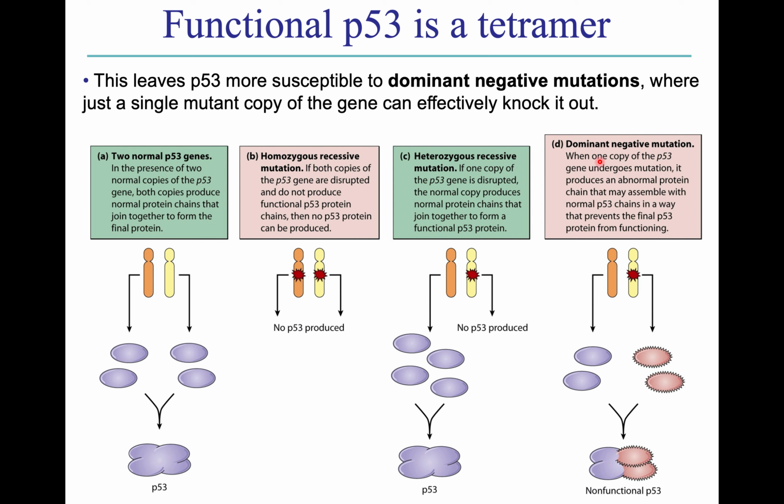So that's the dominant part here. And the negative part of dominant negative is having a negative effect on the function of p53, right? It's basically wiping out its function. So there are cases where even just a single mutation in one copy of the p53 could be enough to cause a cellular problem.